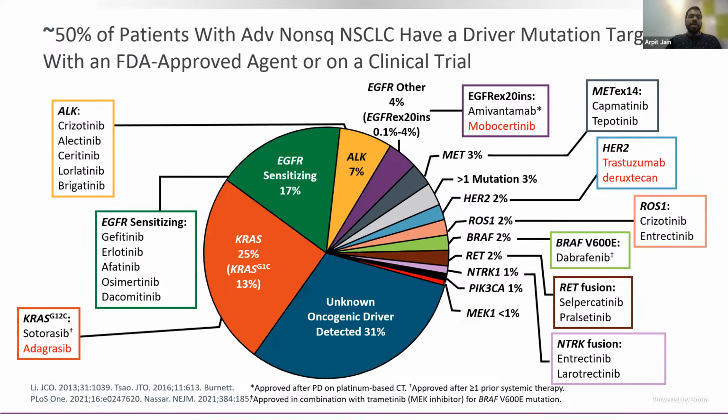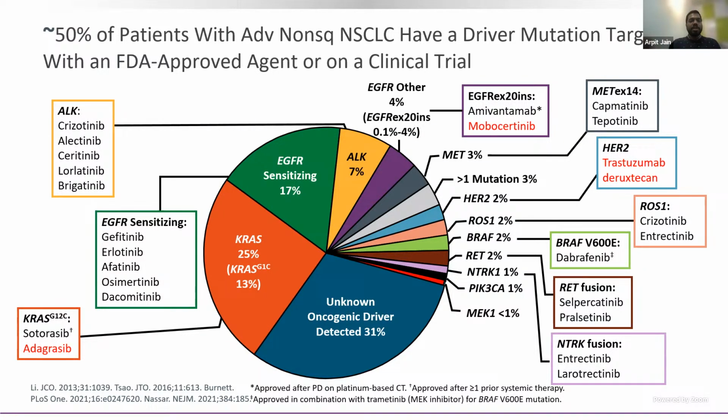Various biomarkers are available. About 50% of patients with advanced non-squamous NSCLC have some kind of driver mutation that can be targeted. The most common amongst all is KRAS, in 25% of the settings. Among KRAS, the most common is KRAS G12C, which is present in 13% of patients and can be targeted with the drug which is available.